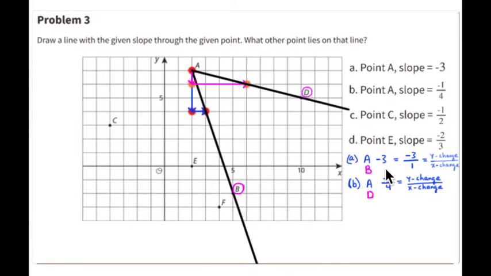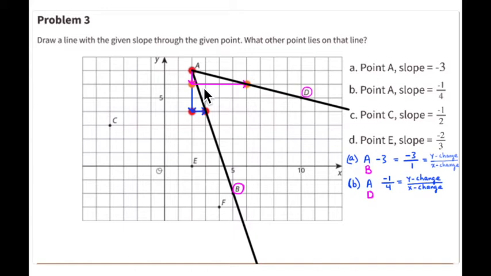All right, the next one is B. So it starts out at point A also, but now this has a slope of negative 1 over 4. So it's actually telling you, treat the change in y as negative 1 and the change in x as 4. So the length along the y-axis is negative 1. The length along the x-axis is 4 units.